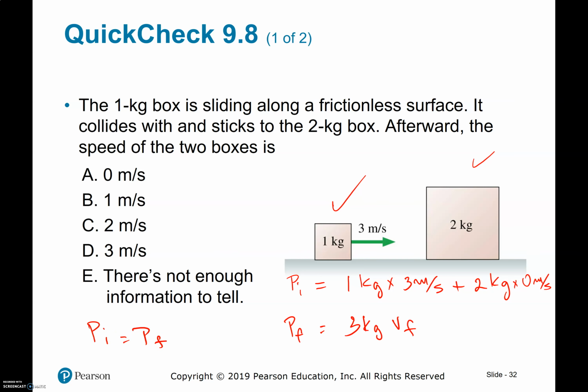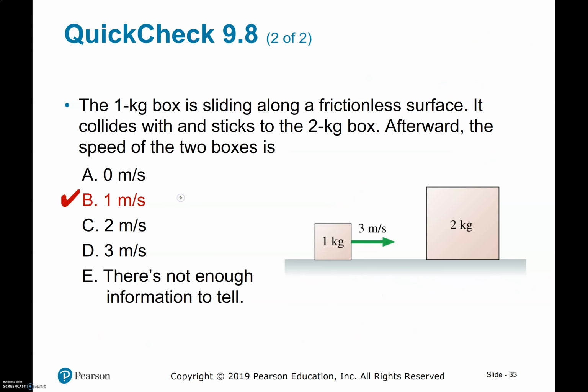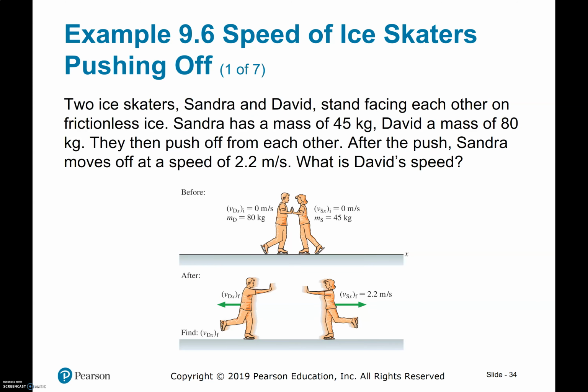So 1 kilogram times 3 meters per second is equal to 3 kilograms times the final velocity, or the final velocity is equal to 1 kilogram times 3 meters per second divided by 3 kilograms. And then you can solve that, and you get 1 meter per second. This is basically the recipe to solve a conservation of momentum problem. We have another one here.